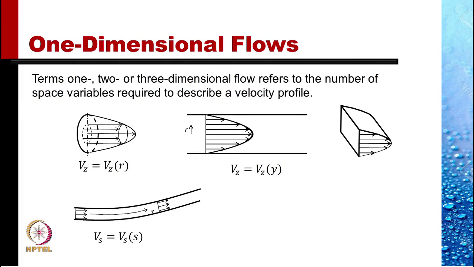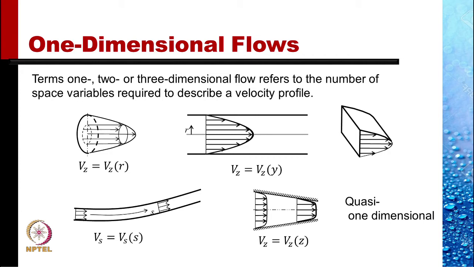If the channel is not straight but curved, but it is thin, in the sense that the cross-sectional dimensions are small compared to the dimension that we measure along the axis, then we can write the velocity along the axis as a function only of s.